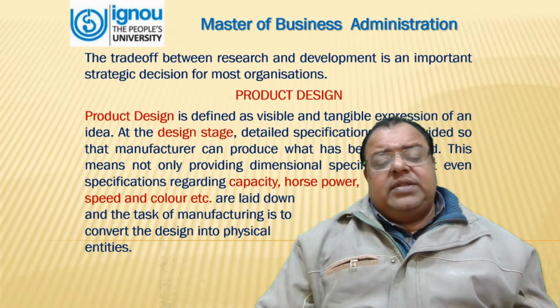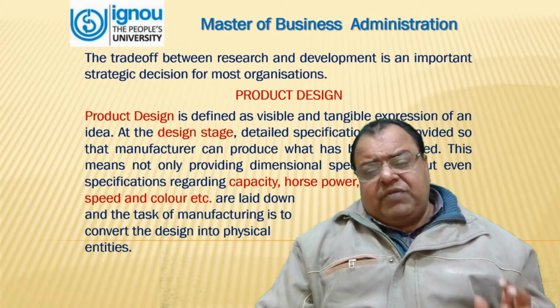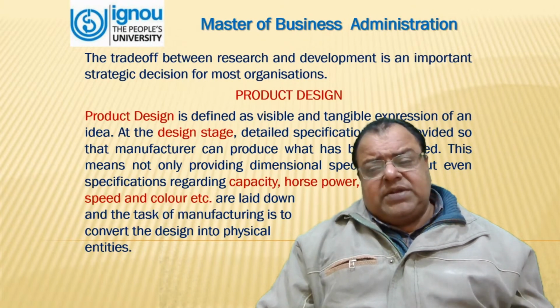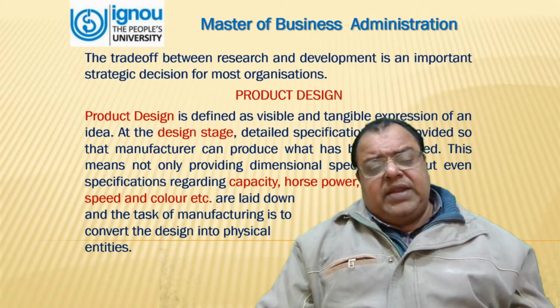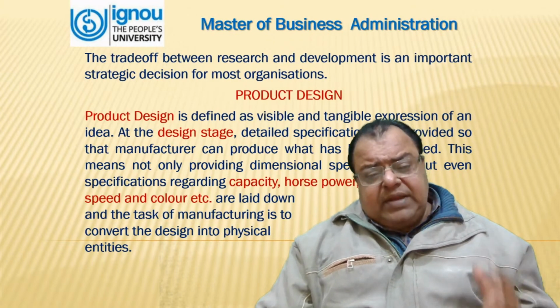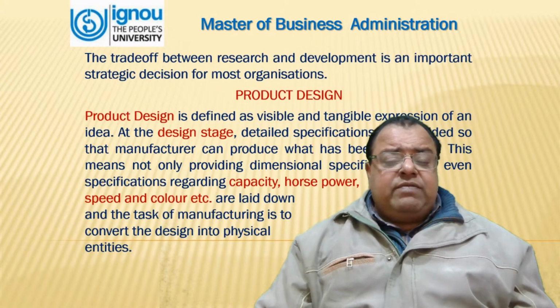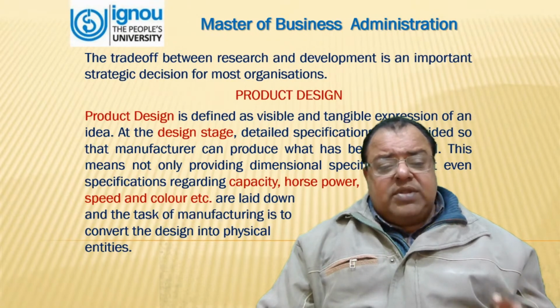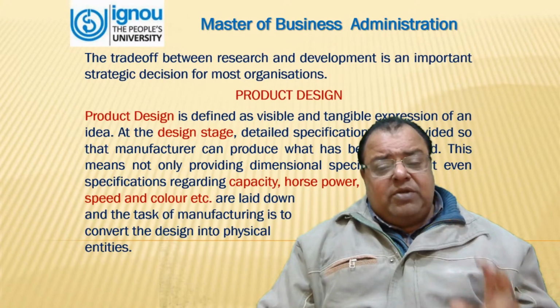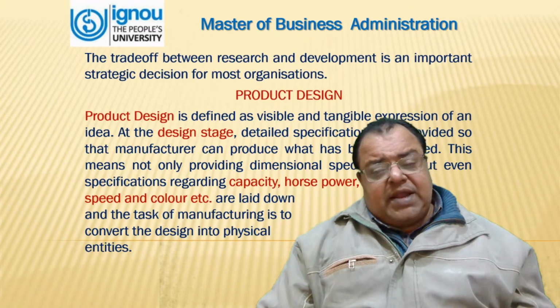Product design. This is defined as visible and tangible expressions of an idea. At the design stage, detailed specifications are provided so that manufacturers can produce what has been designed.